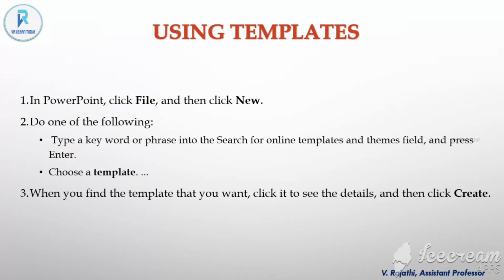Okay, and then using templates. For using the templates, you can click File and then New. You have to do one of the following: type a keyword or phrase into the search for online templates. So you can use the online templates and online theme files, and then you can change the templates.